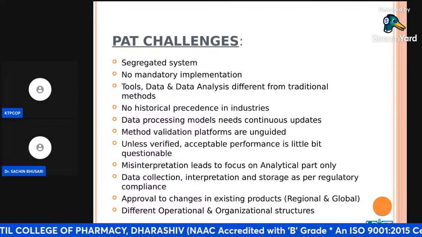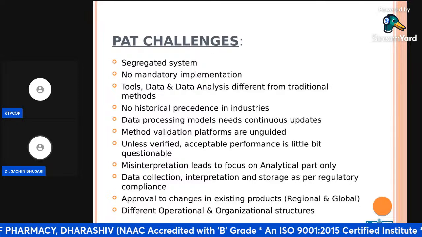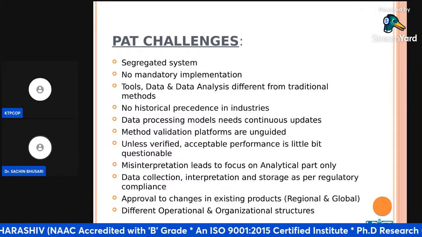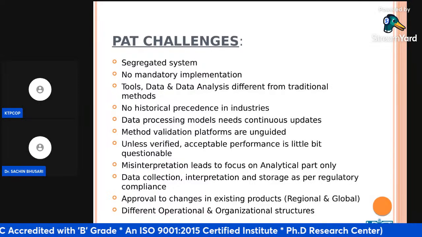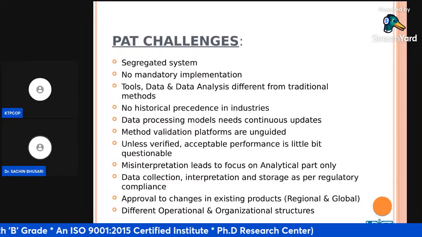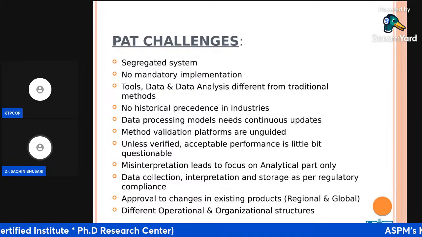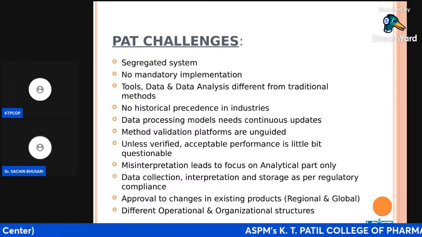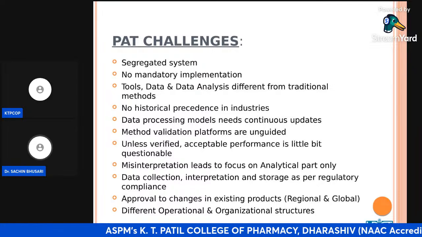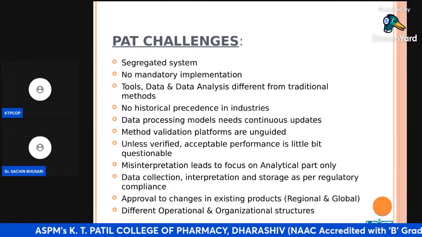And another challenge in PAT is, even if you consider the same agency or any pharmaceutical organization, the operational and organizational structures are different. Even for the same company, operational and organizational structures are different. The reason why PAT is challenging is the mindset.